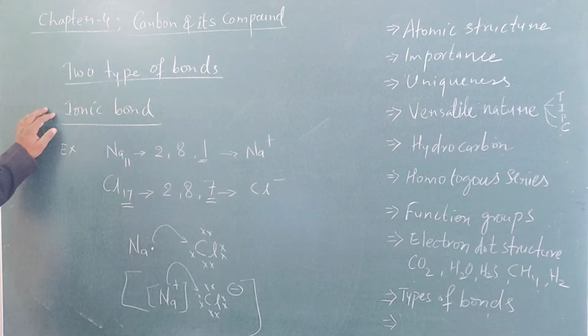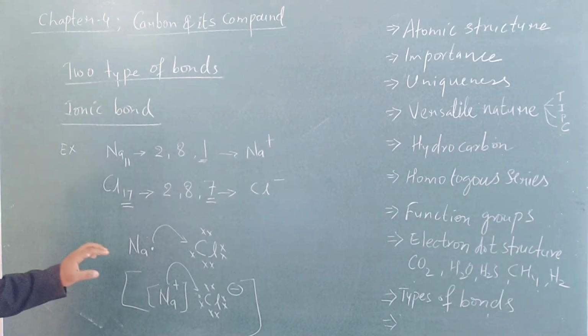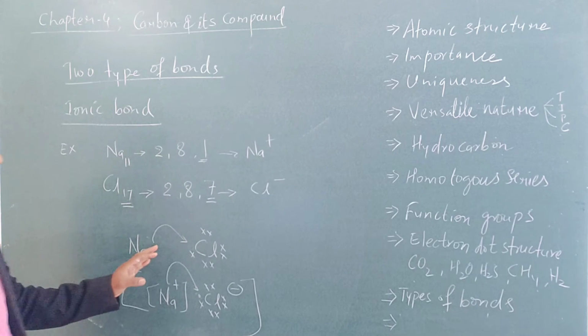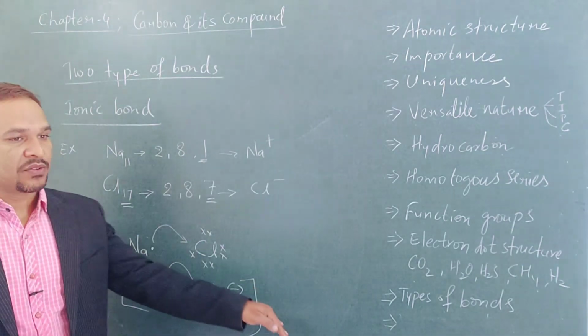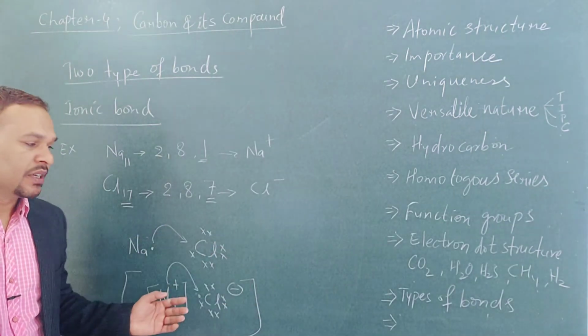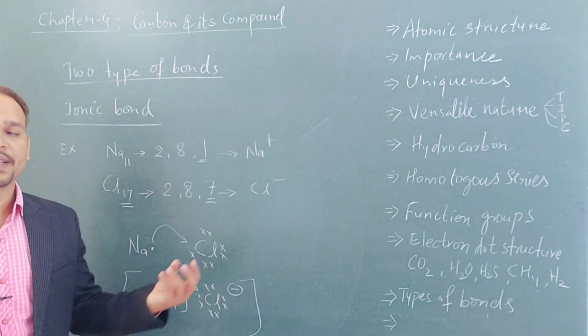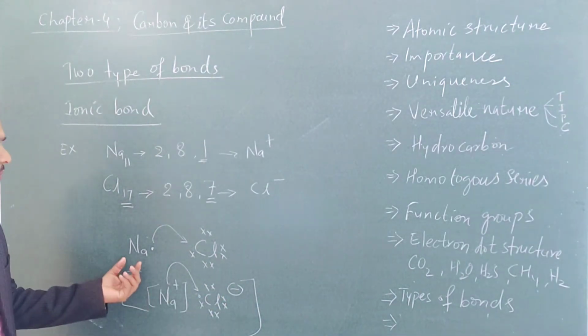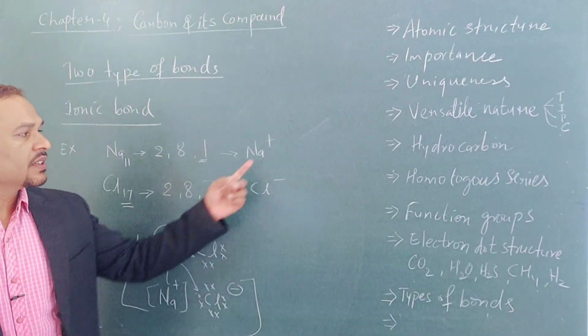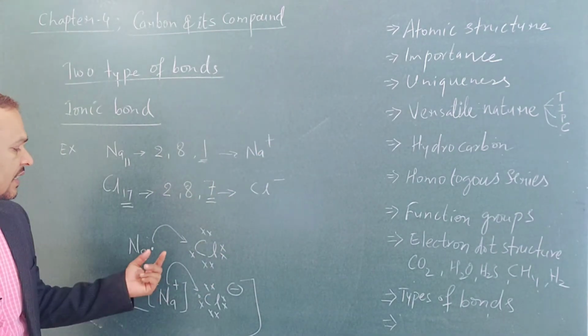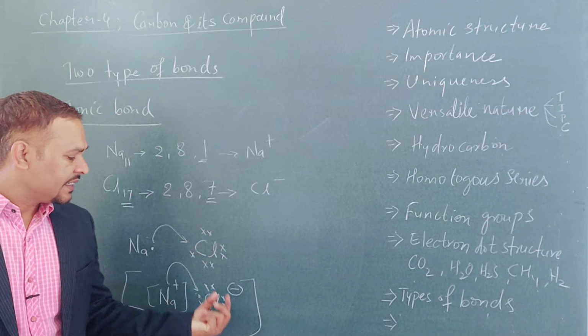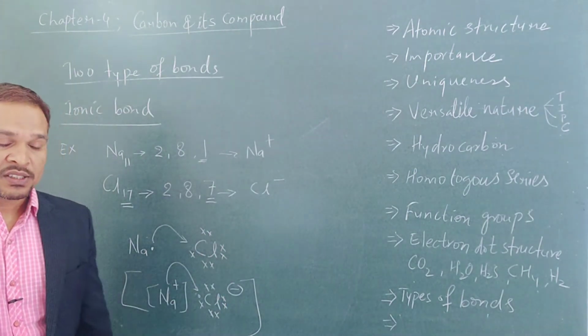So in ionic bond, what we have seen is that one element or atom is only giving the electron and another element is only accepting the electron, taking or gaining the electron. The element which gives the electron carries the positive charge, the other element which gains the electron carries the negative charge.